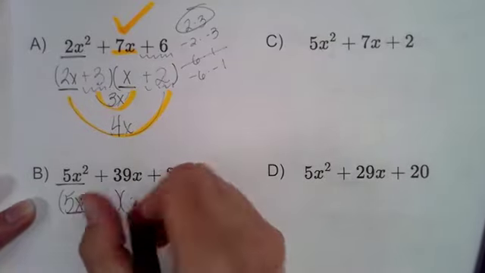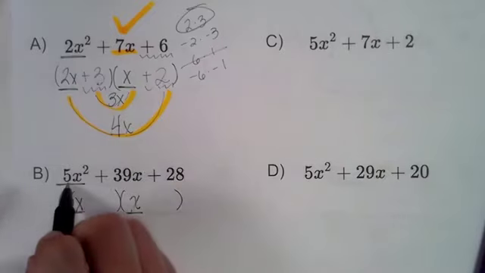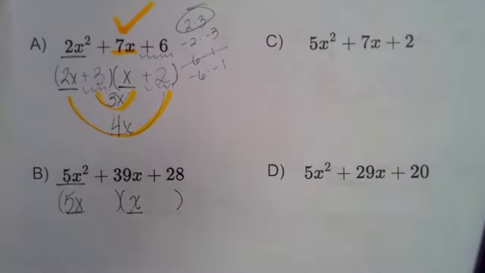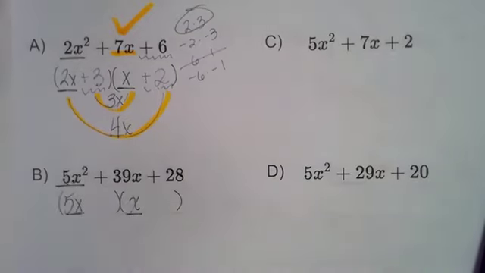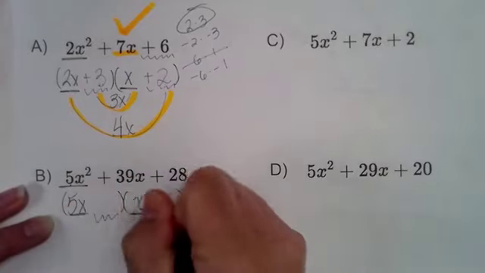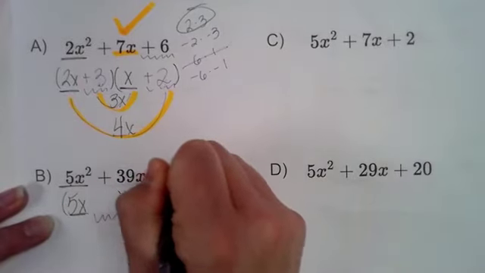You'll notice that 5 is a prime number, just like the 2 and the 3, they're all prime. Those are the only choices, 5 times 1. 5x times 1x is 5x squared. Last times last has to be positive 28.